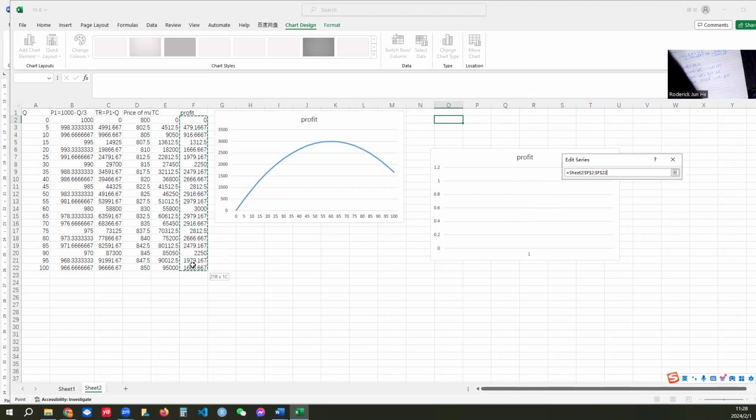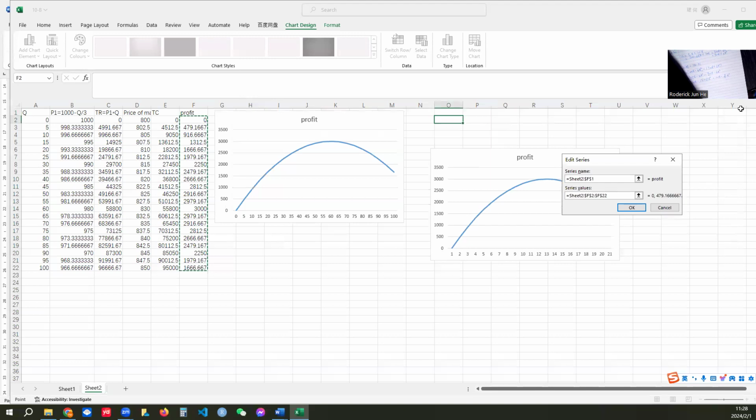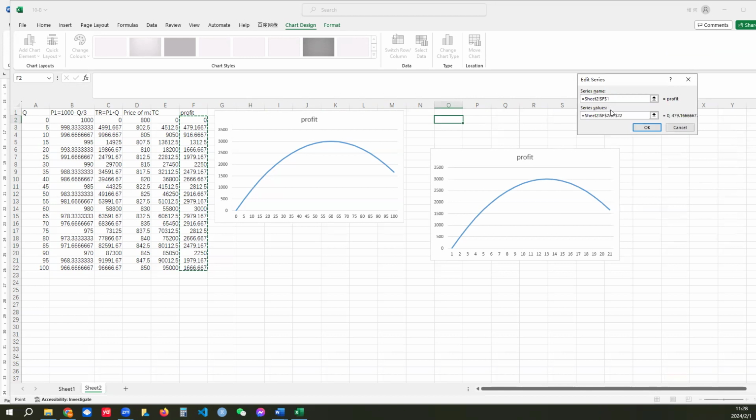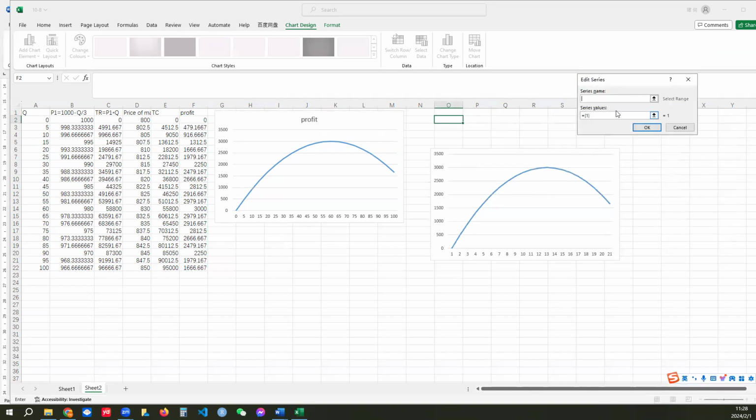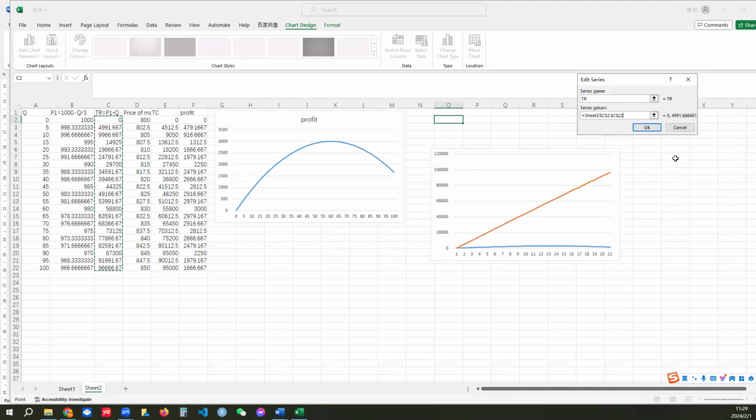So we have the profit first, and then we can add total revenue. Total revenue, their value is from here to here.